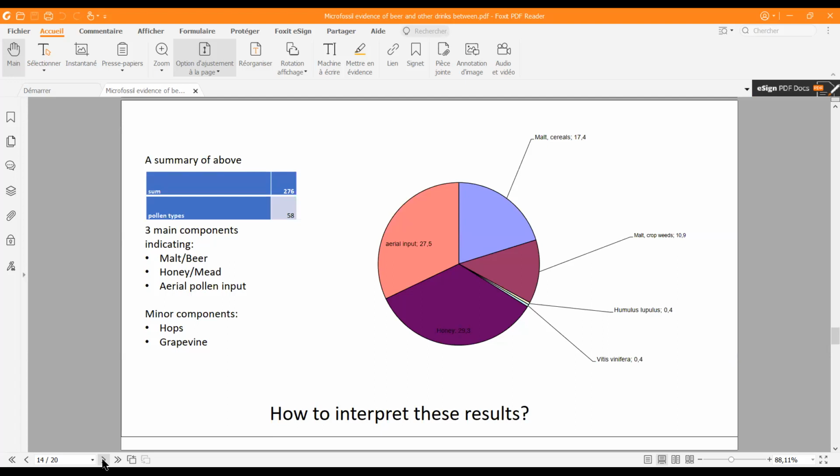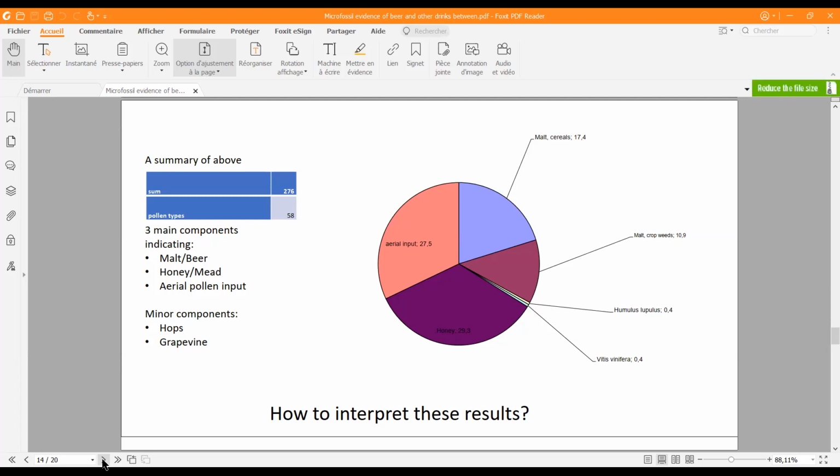And the next, please. We grouped it in several groups. 3 main groups. So it looks like 4, but it is 3. A major component is pollen coming from malt or from beer. They are in violet on the bottom. It's a third or so.